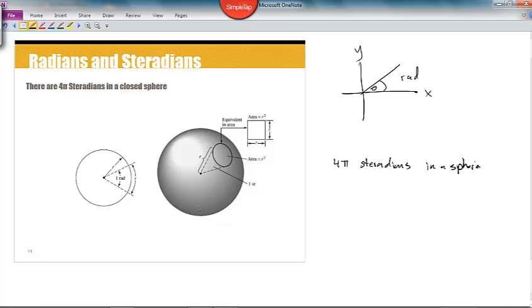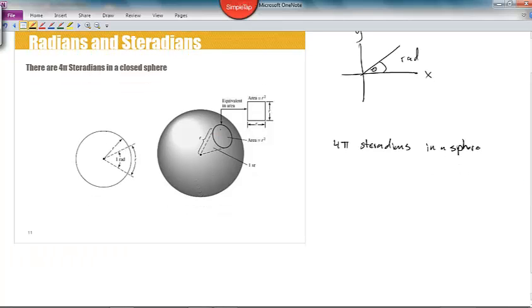So this next part's always a little confusing for students. Don't worry about it too much, but I just kind of need to put it out there. If I were to take a differential surface area element on this sphere, I would call that ds. So this is just an infinitesimally small little surface area element.